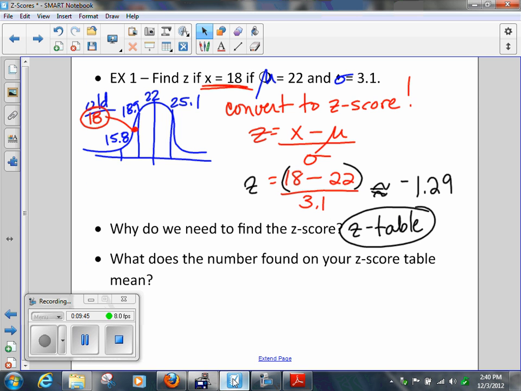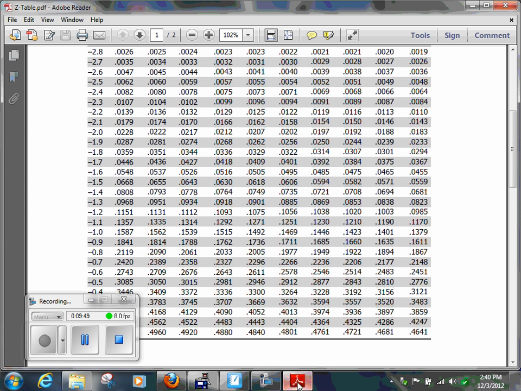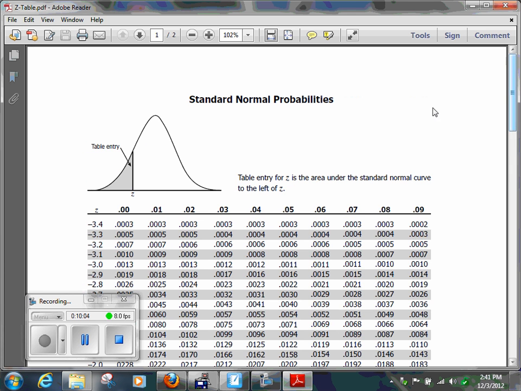For -1.29, if you look here, we've got -1.2 down on the left side. I've got to get the 0.09 from up here. Here it is, right here. You see my cursor moving.